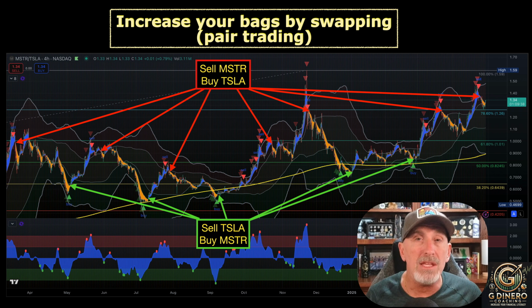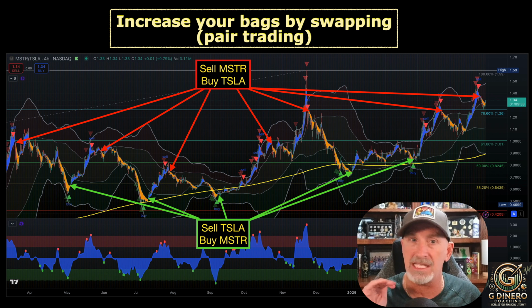So when you get sell signals, for instance, on the chart, and you see those outlined with the red lines and it says sell MicroStrategy by Tesla, that's exactly what you do. When you get the sell signals on the chart, you're selling whichever asset is listed first on your pair trading chart. In this example, it's MicroStrategy over Tesla.